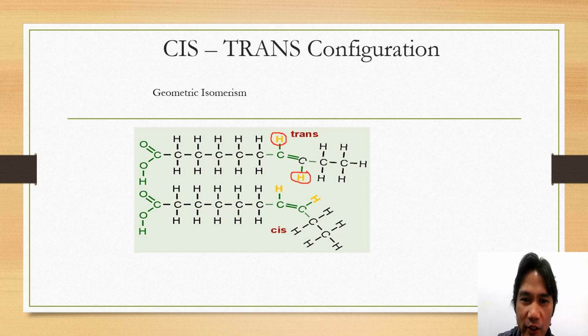That is trans. When we say cis, look at these hydrogen atoms, the hydrogen atoms are at the same side. That is for the cis. Naturally occurring fatty acids are in the form of cis.